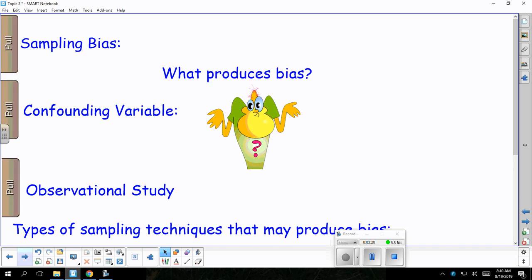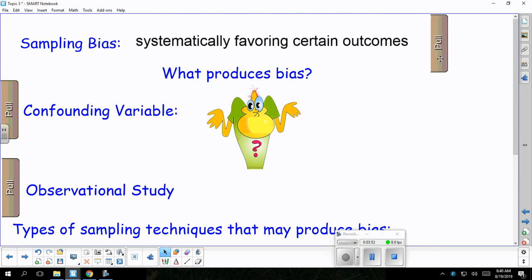All right. This section, we're going to look at different forms of bias. One of our goals in statistics is to identify possible sources of bias and make sure we eliminate them as much as we can. First type of bias, sampling bias. We systematically favor certain outcomes.